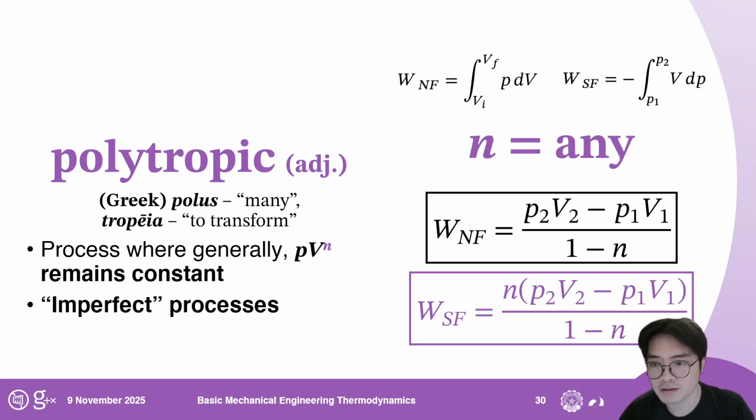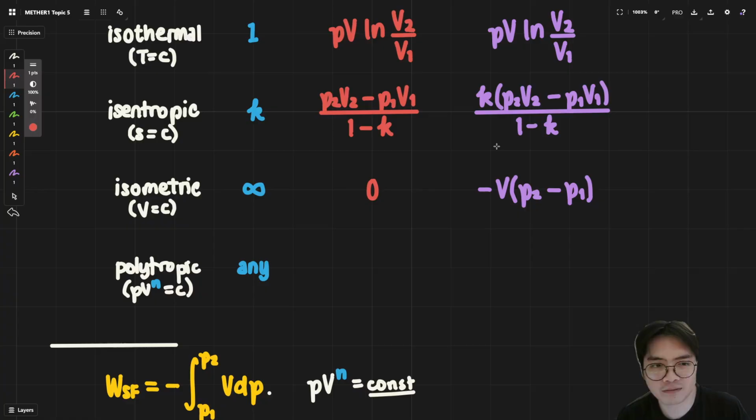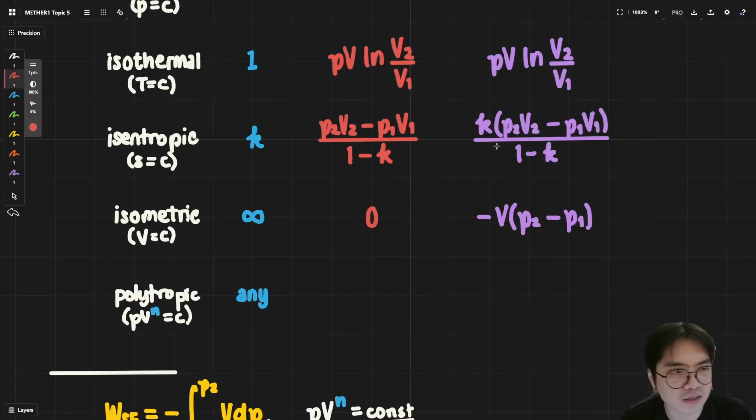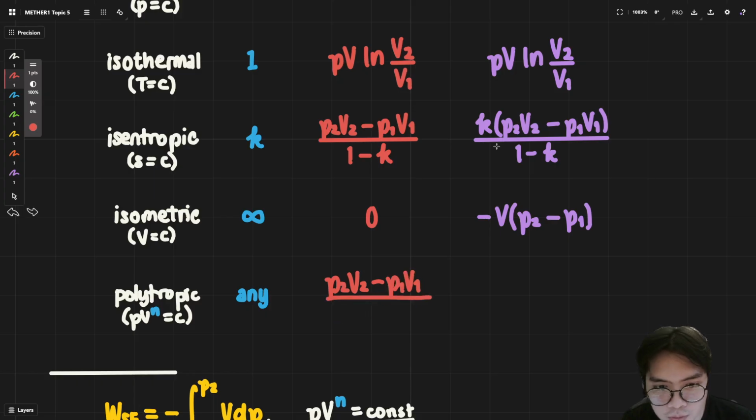And now we don't even have to go through the slide for the polytropic process because we've already done the work from earlier, right? If you just replace the k with any kind of n, you will still arrive at the same thing. So let's just replace all of our k's with our n's, and we should be fine. (P2V2 minus P1V1) all over 1 minus n instead of 1 minus k.